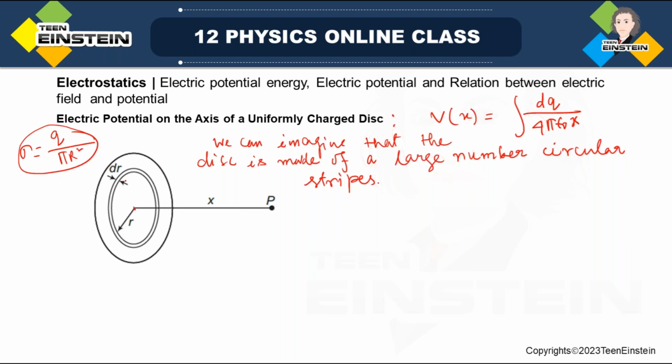Now we have considered such a circular stripe of thickness dr. If we want to calculate the electric potential due to this stripe at distance x from the center, what will be the value? We have already discussed that in the case of a ring, we get 1 by 4 pi epsilon naught into dq divided by the distance from the ring.